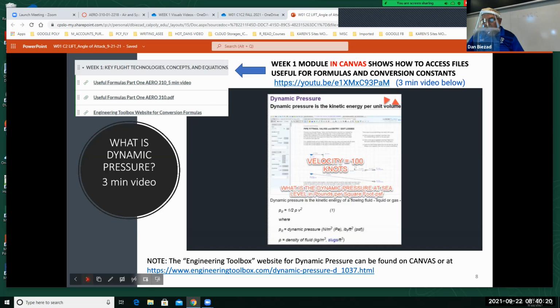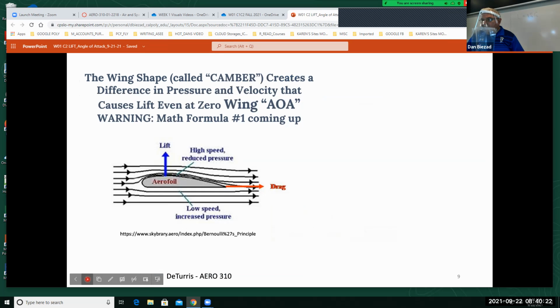In this example, this is kind of a review. Remember that wing shape is the same thing as camber, and that wing shape creates a difference in pressure between the top and the bottom of the wing. If it has camber, it'll generate lift even at zero angle of attack. Now, I'm pretty sure this is what NASA had in mind when they put that drawing on that I put on last class.